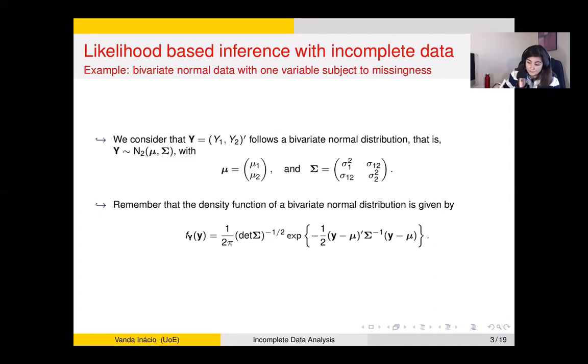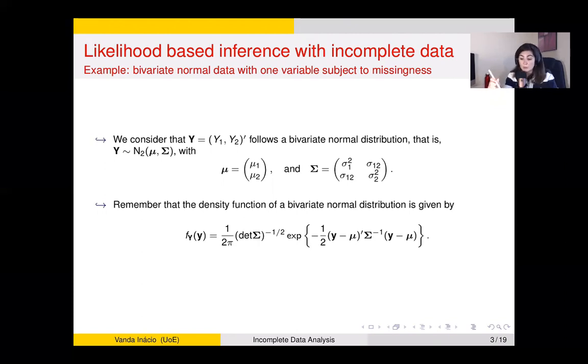And we will be assuming that the vector composed by y1 and y2 follows a bivariate normal distribution, where the mean vector is formed by mu1 and mu2, and we have the variance covariance matrix.